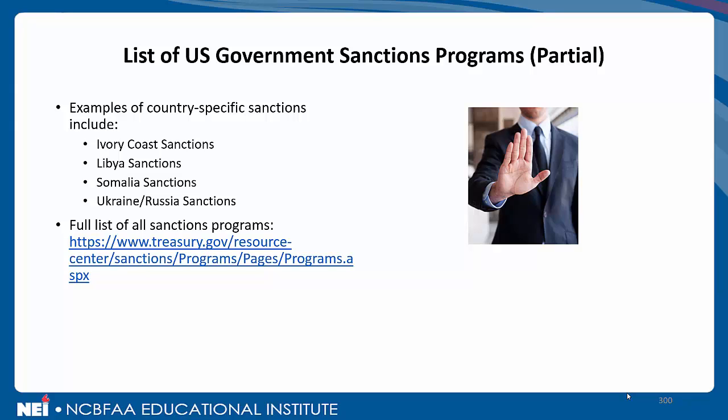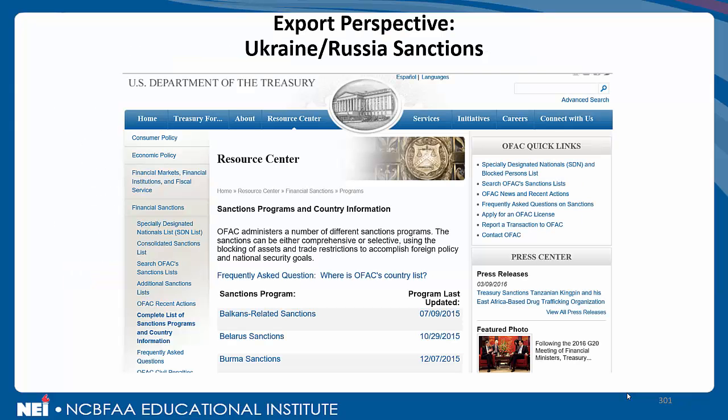For a full list of all sanctions programs, one can click here, and you'll be pretty fascinated by what you find. It's rather important. We're going to pick back up here when we come back on the next section, starting out with an export perspective, continuing that brief discussion on Ukraine-Russia sanctions.